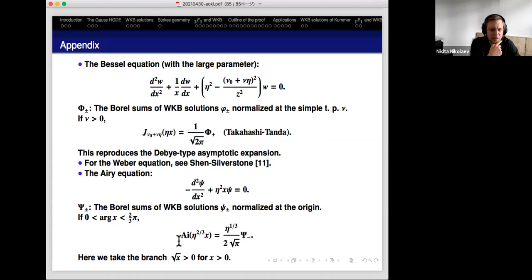Yeah, it's a kind of highly degenerate version of Heun where you take all the singular points and coalesce them into the point infinity. I think so.